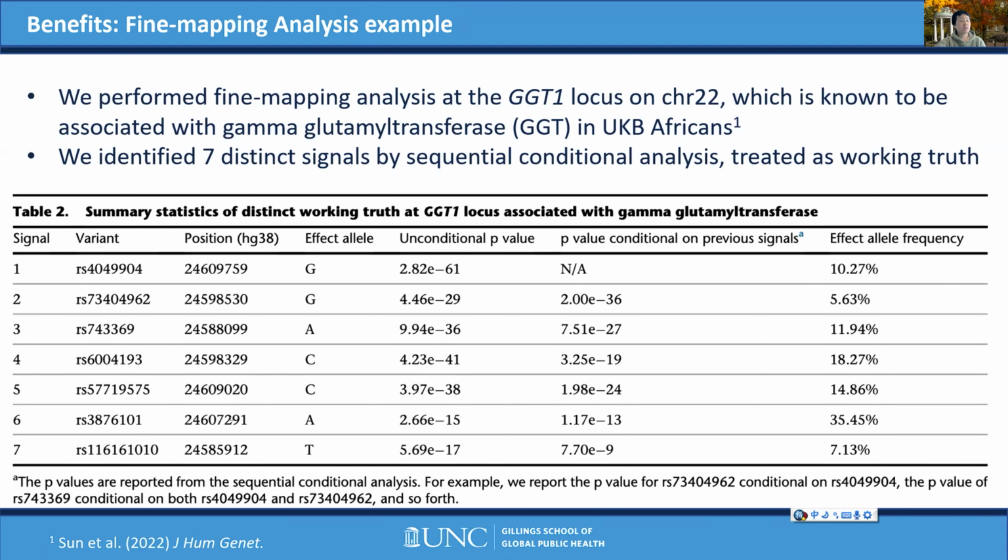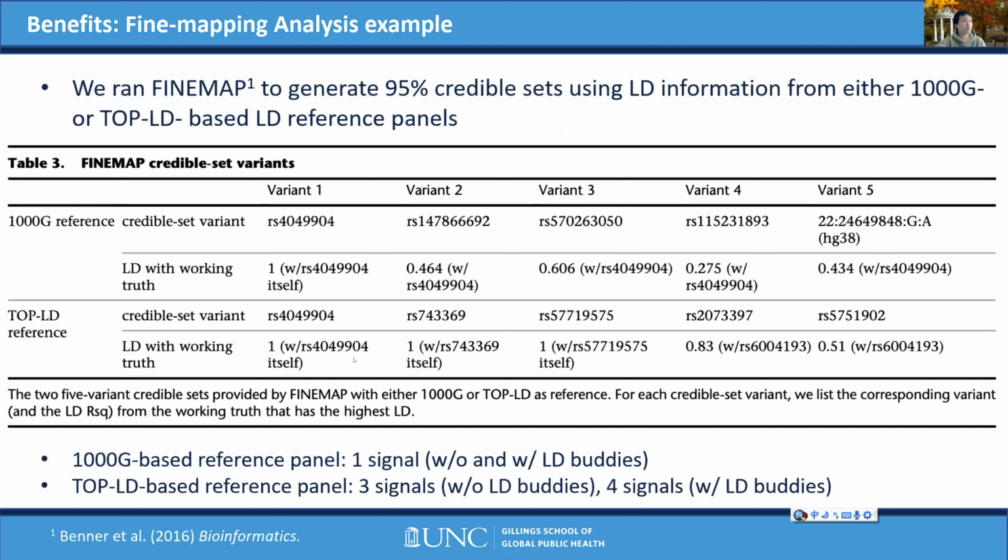And then we wanted to see how much the LD from different reference panels, the choices from our TOPLD or previously from 1,000 Genomes, help with fine mapping based on summary statistics. So here's what we find.